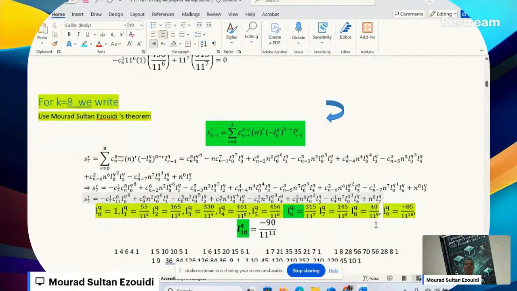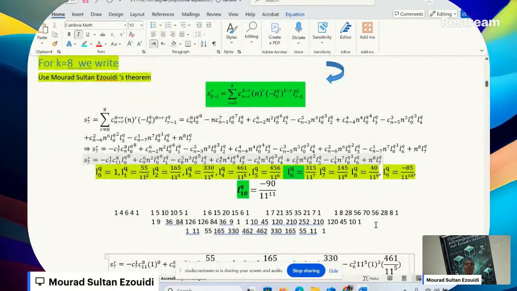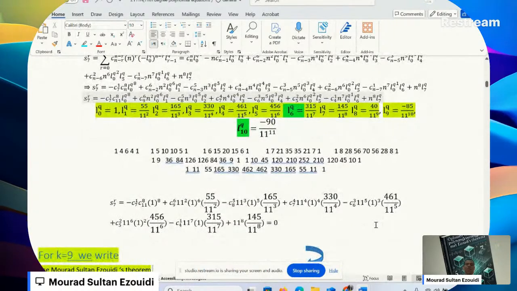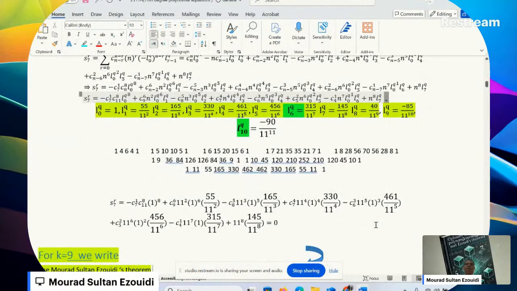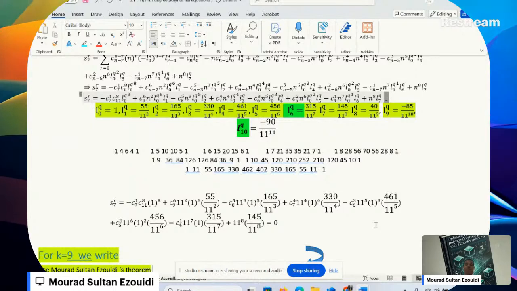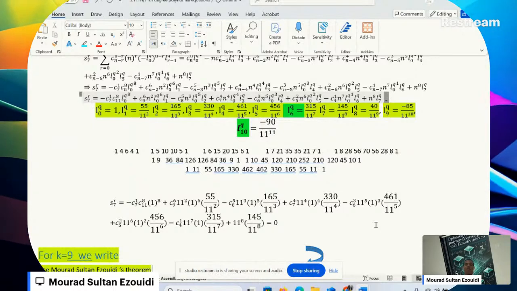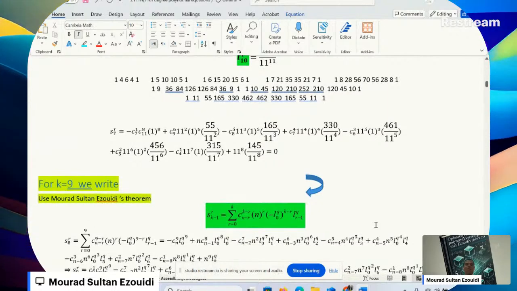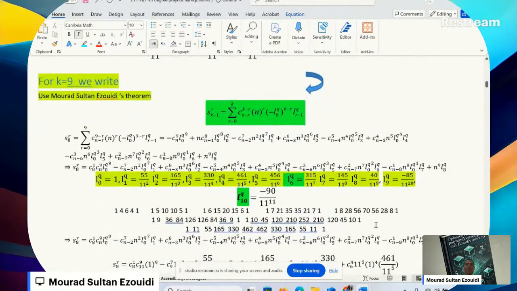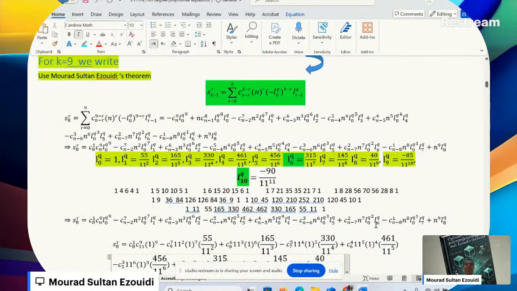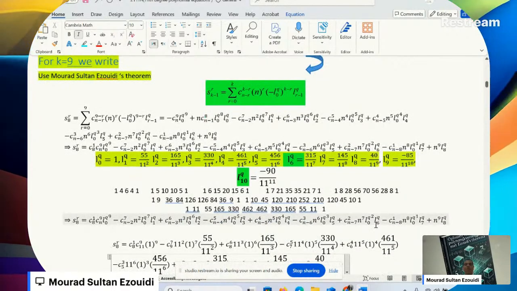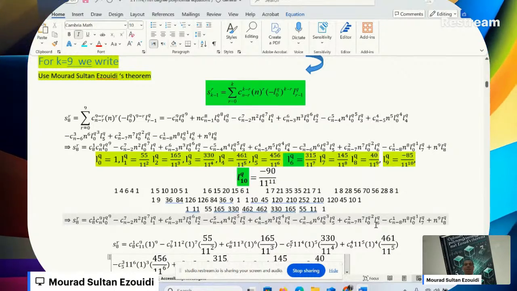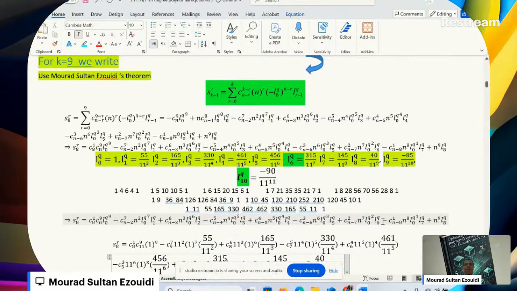Here my professors, S7, it's clear, it's in front of your eyes, and is equal to another value. Now let's dive into the structure again and find S8. For S8 just put k equal 9 in the Ezouidi theorem, and we'll obtain that S8 is equal to 0.